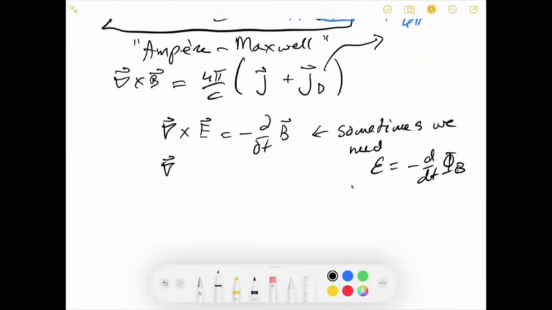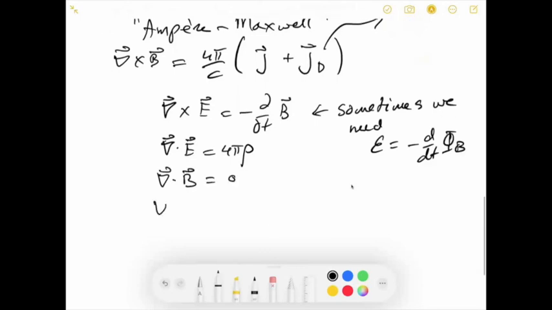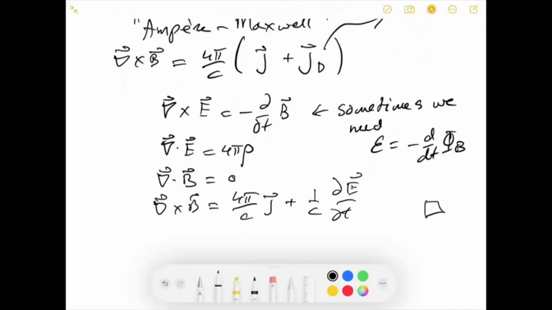And of course we have Gauss's law, that's 4πρ, and then we have Gauss's law for magnetism, which is 0 because there's no monopole. And then finally the one that we added, it's 4π over c J plus 1 over c dE/dt. And these, ladies and gentlemen, are Maxwell's equations.